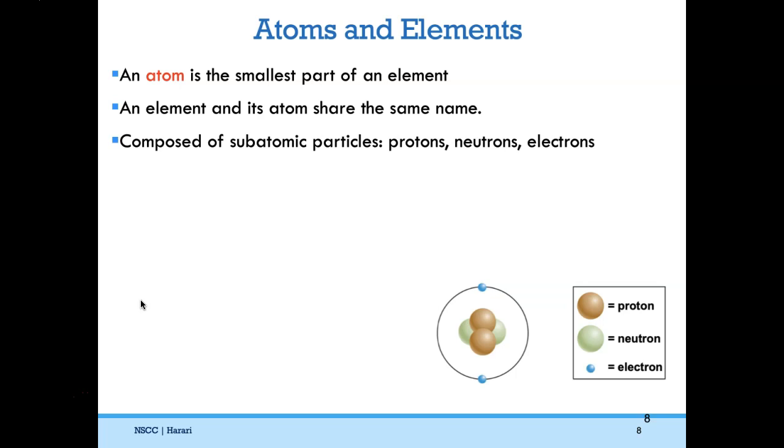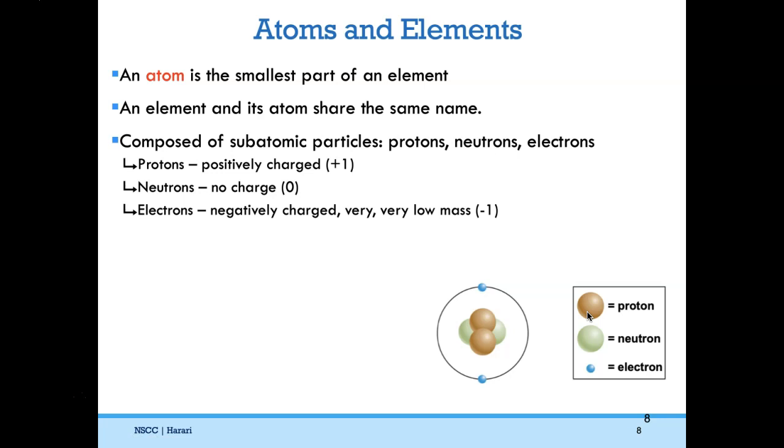The subatomic particles we'll talk about are protons, neutrons, and electrons. Protons have a positive charge. Neutrons have no charge. Electrons are negatively charged. While protons and neutrons both have a mass unit of 1, those are arbitrary numbers, electrons are so light that they don't have any mass at all. Their mass is negligible.